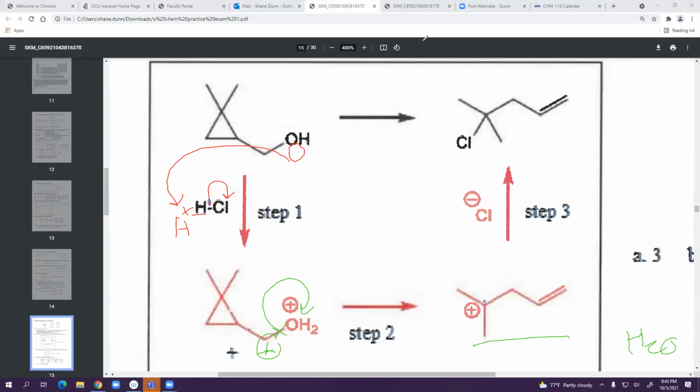This is really weird to think about it, but let's count our carbons. Let's use the heart stamp because it's adorable. 1, 2, 3, 4. 1, 2, 3, 4. Hey, the structure's the same structure, right? It just opened up. If you notice, those two carbons are exactly the same carbon, right?